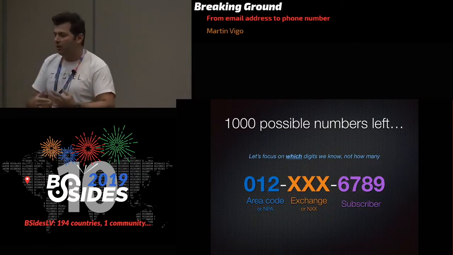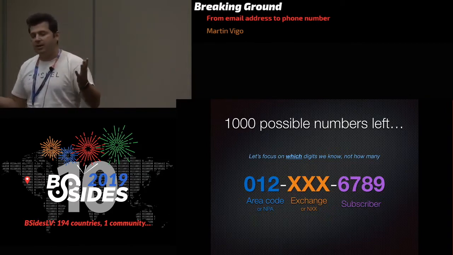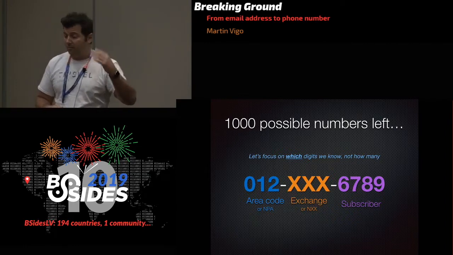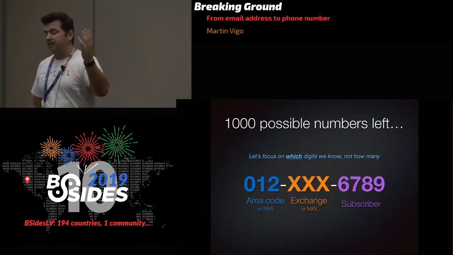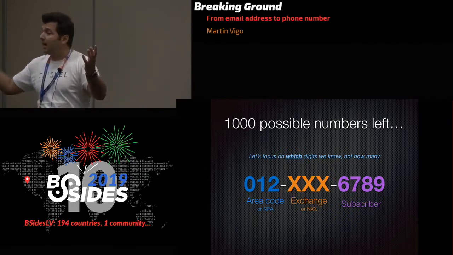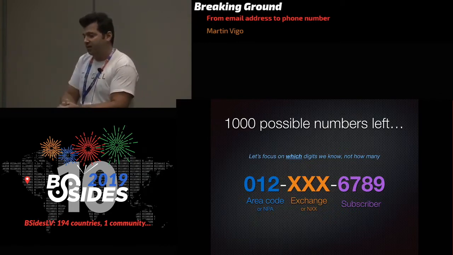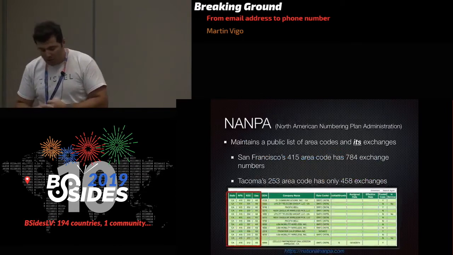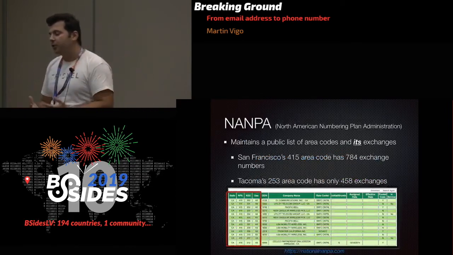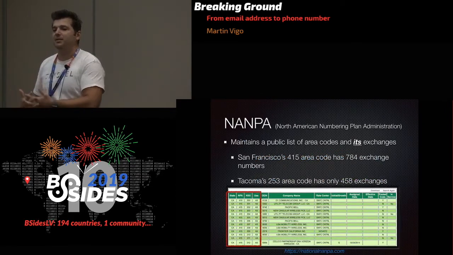So I started to read a lot about that. It turns out that an American number, and a Canadian number from what I read, has an area code that is the first 3 digits, the last 4 digits are the subscriber number, and the one in between is the exchange.